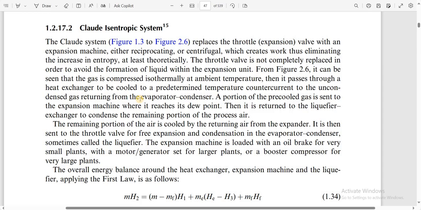From figure 2.6, it can be seen that the gas is compressed isothermally at ambient temperature. Then it passes through a heat exchanger to be cooled to a predetermined temperature, countercurrent to the uncondensed gas returning from the evaporator condenser.